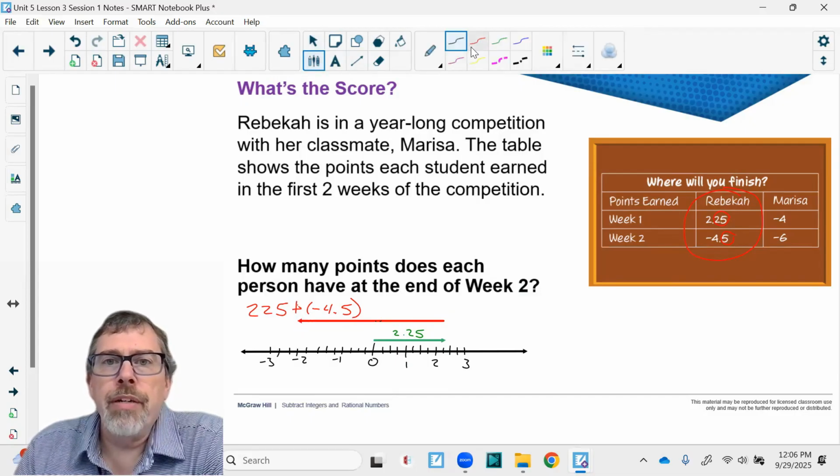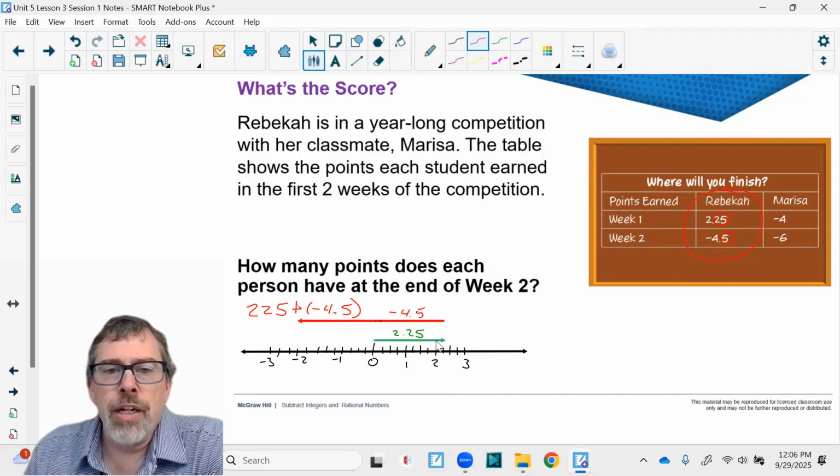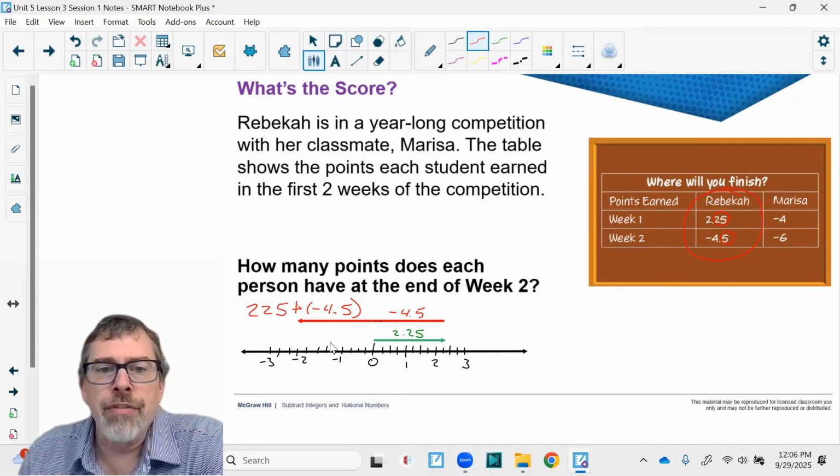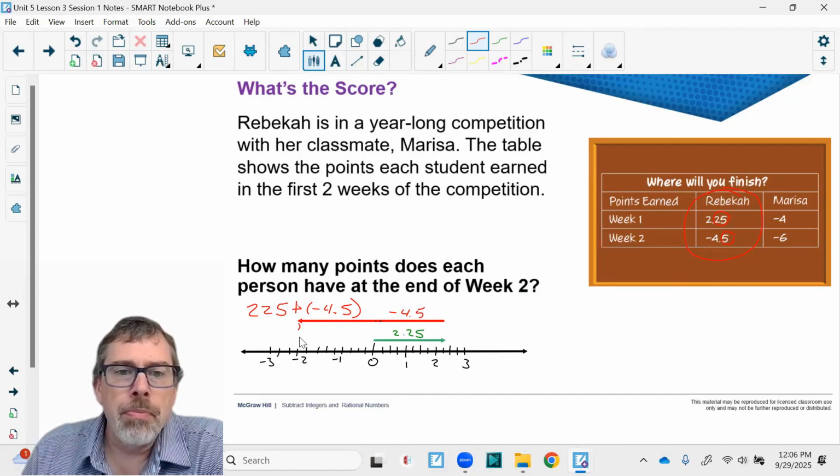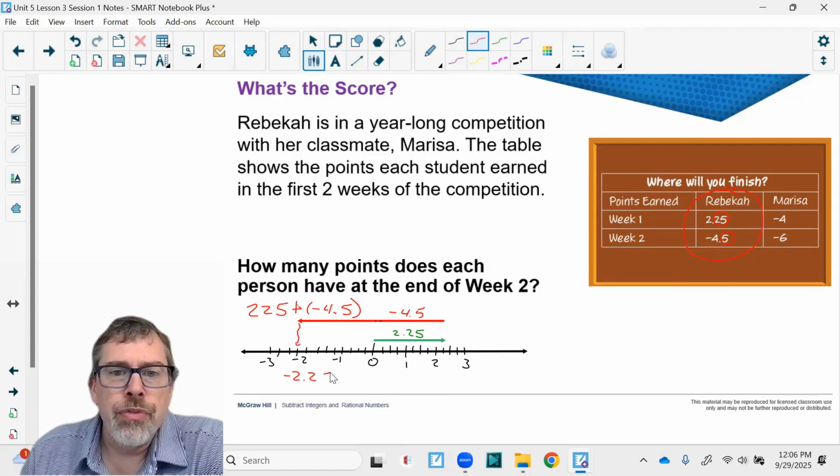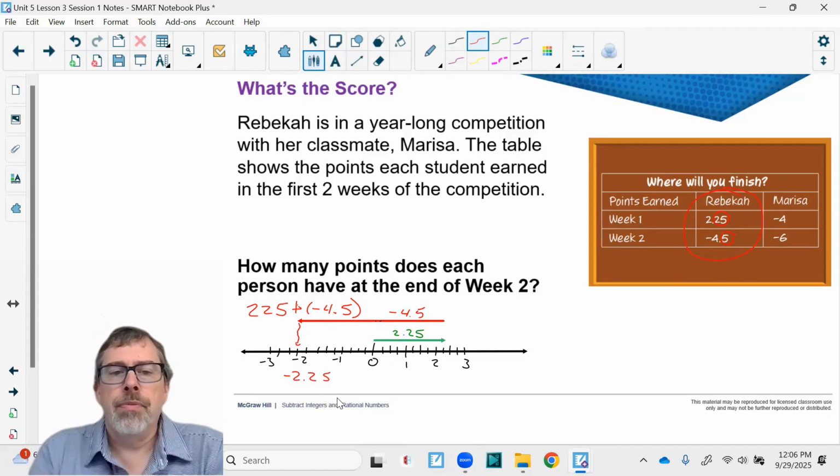Okay, and we're going to give this value a -4.5. So we went right 2 1/4. She got 2 1/4 points the first week, but the second week she lost 4.5, and she ended up at -2.25.